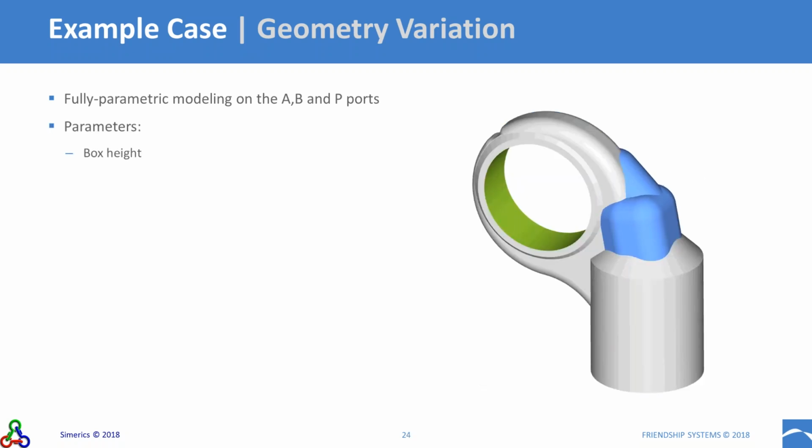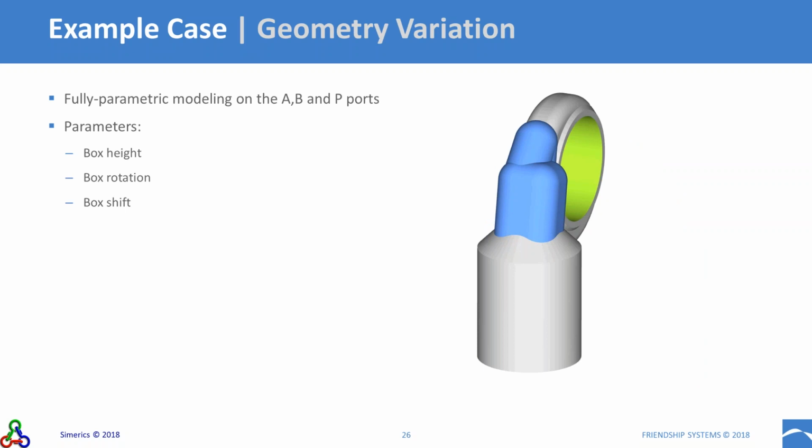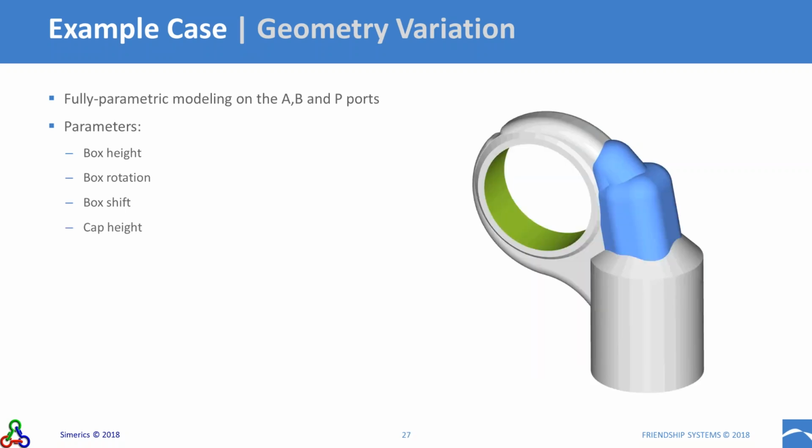The first one is the box height. We have this blue boxy shape in the channel, which we can change in height. We can also rotate it around the horizontal axis, as you can see in the animation now. We can shift that box geometry to the side, and we can change the height of this cap, which is on top of the box. We can also rotate that cap.